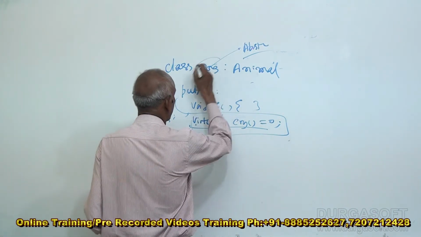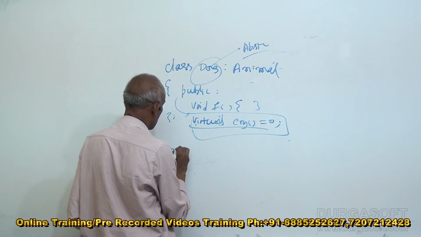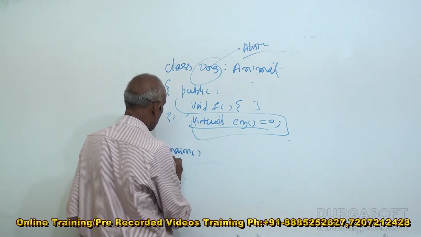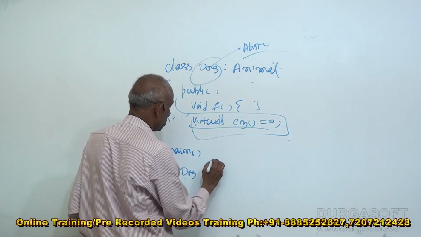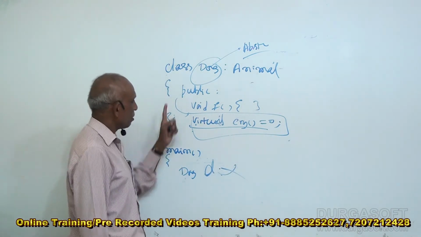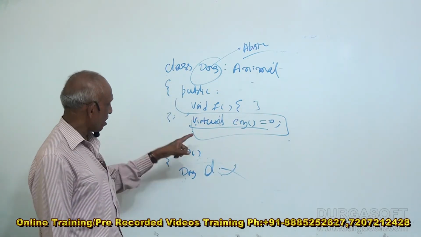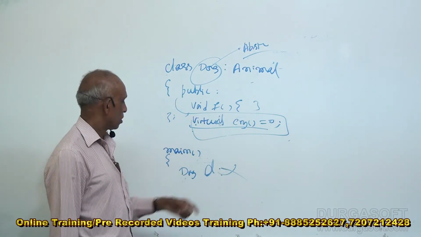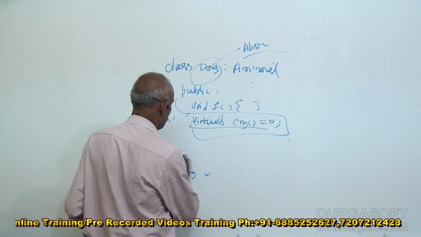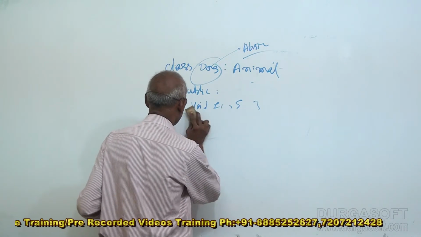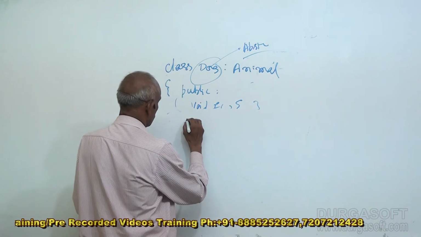So I cannot create an object of this in main, dog D, not allowed, because dog became an abstract class. It has not overridden the pure virtual function.